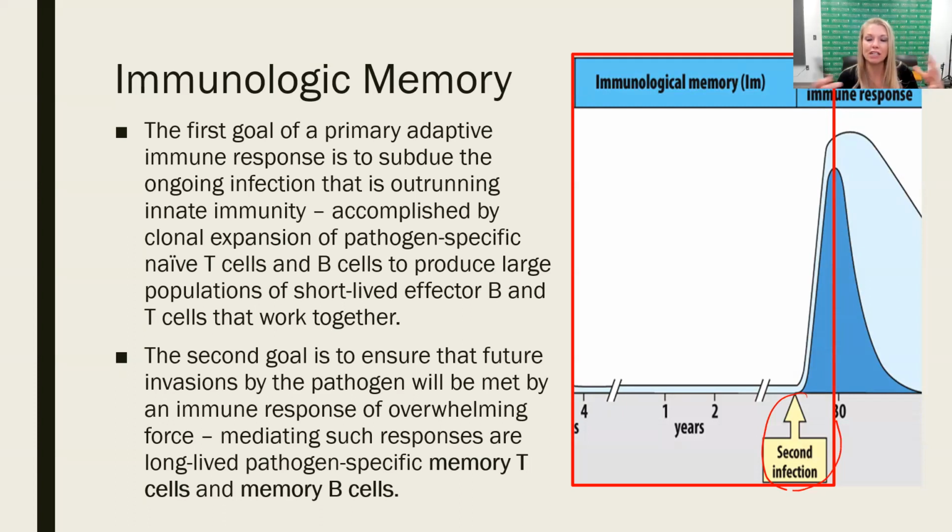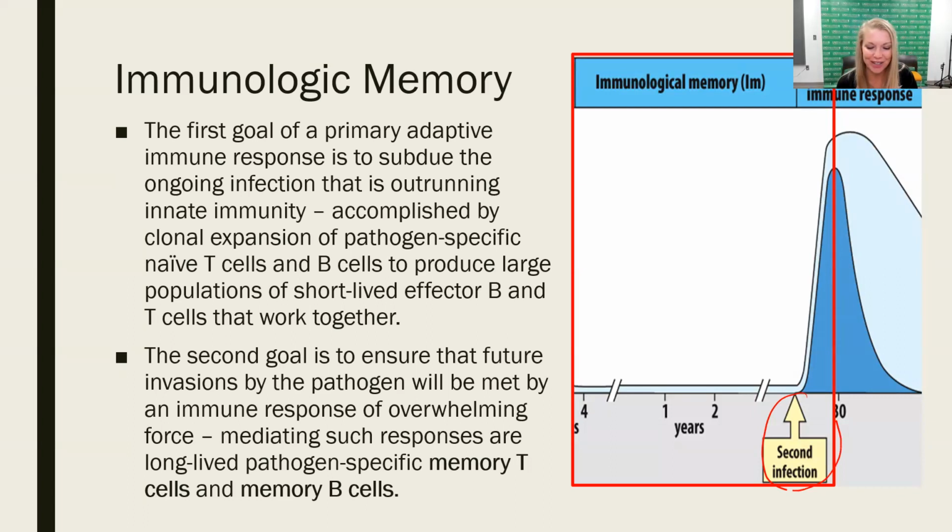Those T cells differentiate into a variety of different effector T cells based on the type of pathogen. And we know that it creates a clonal expansion of antigen-specific B cells that make plasma cells that make antibody. And these effector B cells and T cells work together very rapidly for those few weeks it takes to completely clear that first primary infection.